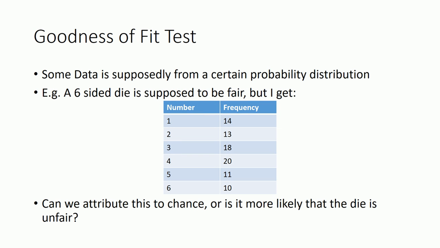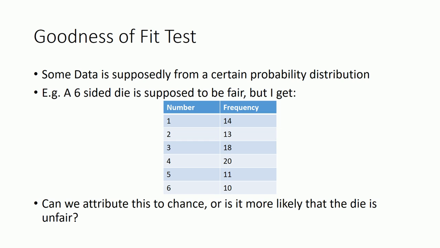The idea is this. You've collected some data that is supposedly from a given probability distribution, and one simple example would be that you rolled a die a number of times and somebody told you that it's a fair die, but you aren't so sure.